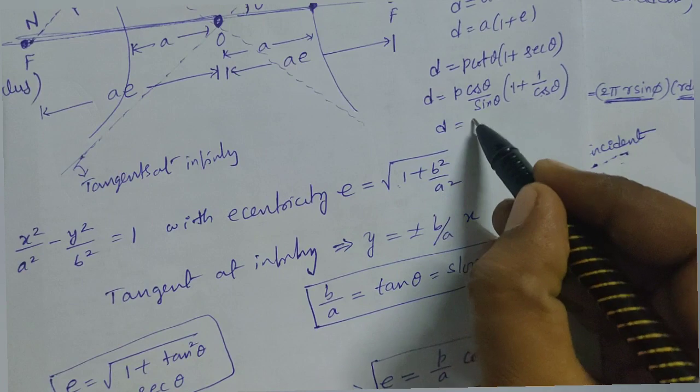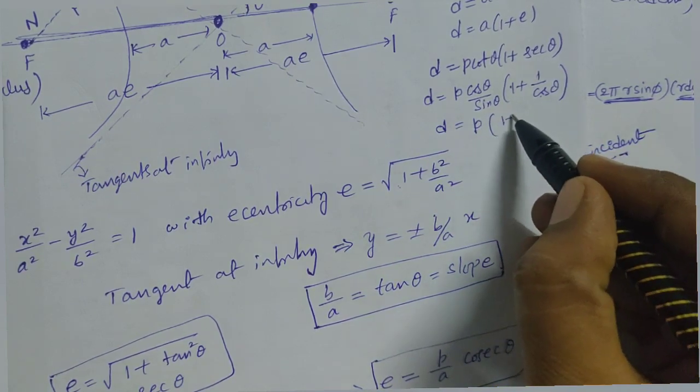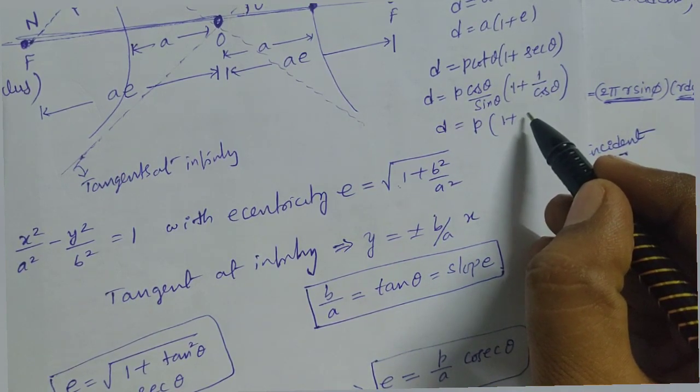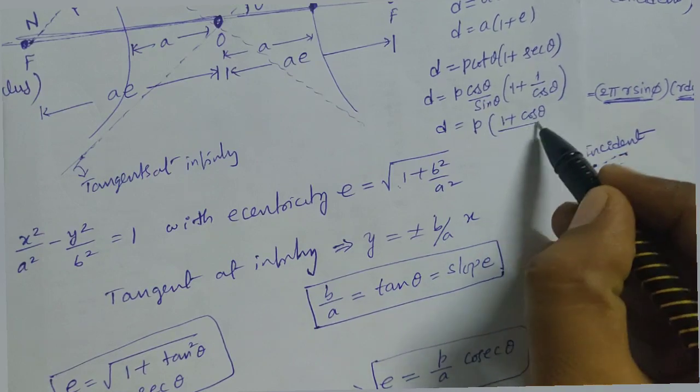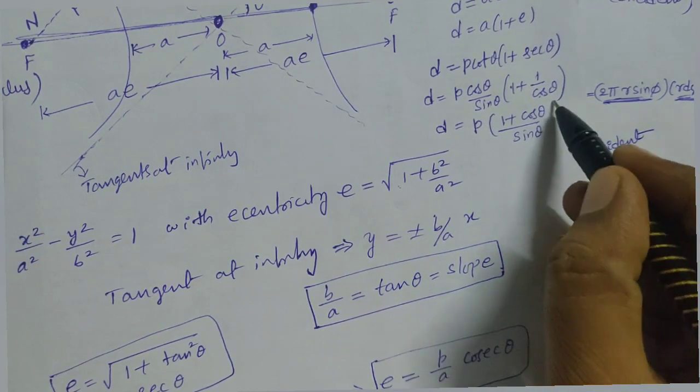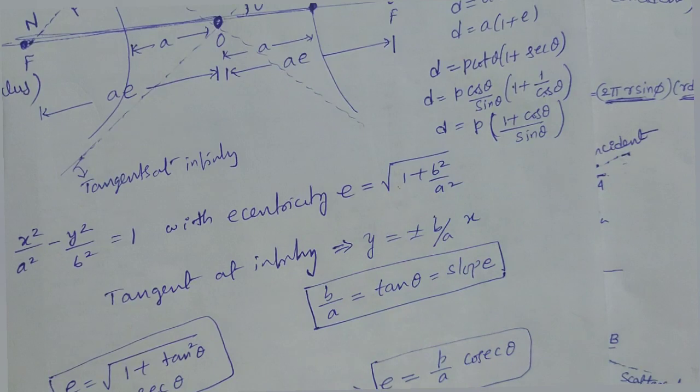Then d is equal to P; above it is 1 plus cos theta, below it will be simply sin theta. This is the relation between d and P. So d is equal to P into 1 plus cos theta by sin theta.